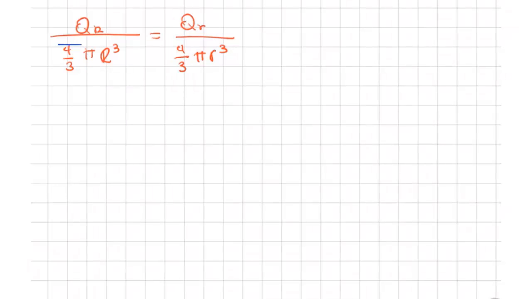The 4/3 π terms cancel, and the result is Q uppercase R divided by R cubed equal to Q lowercase r divided by r cubed.